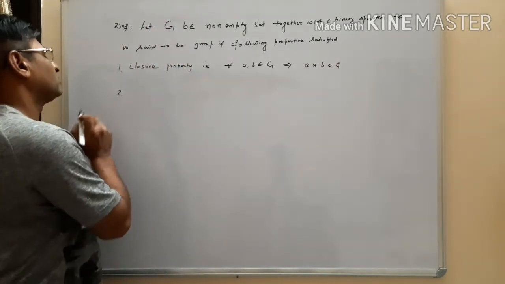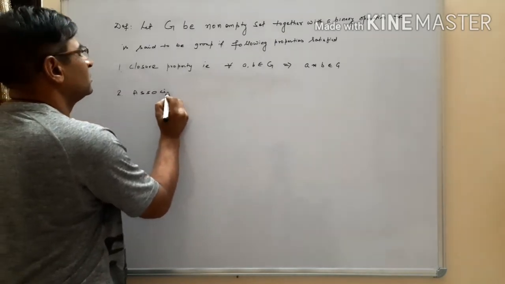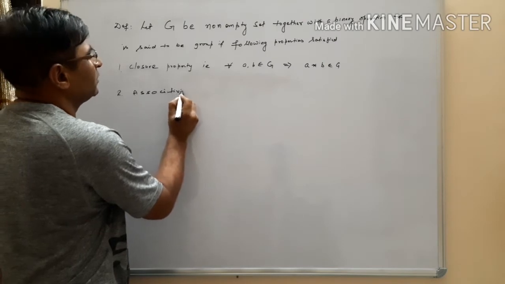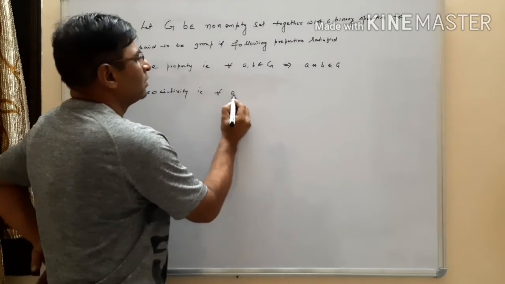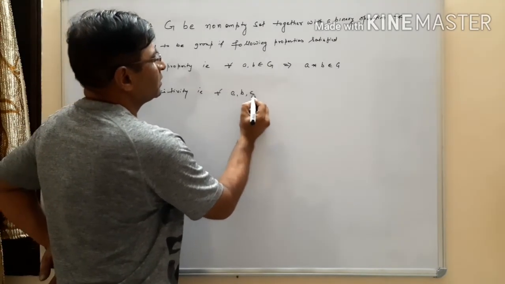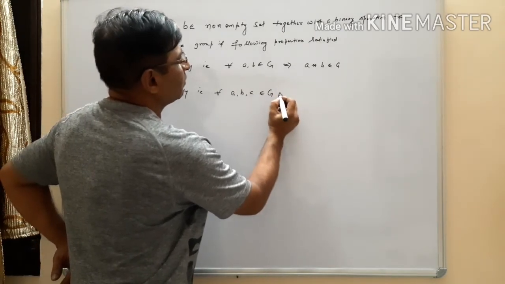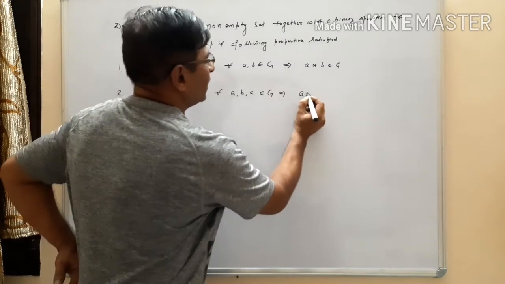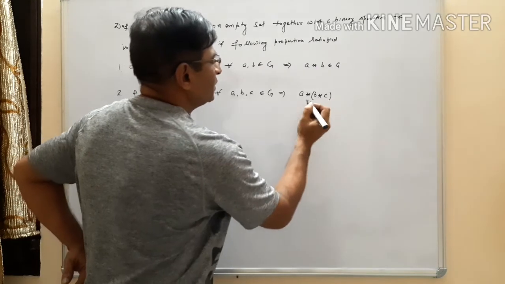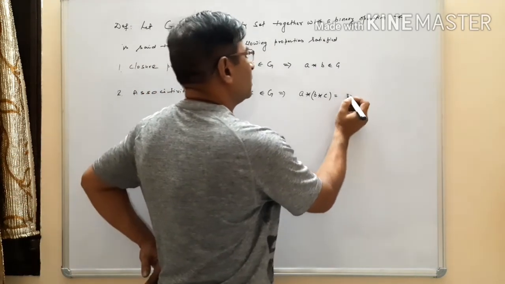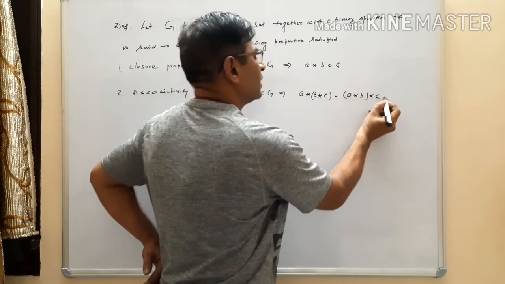Number 2, associativity. Associativity property. That is, for all A, B, C belong to G, we have (A star B) star C equals A star (B star C).